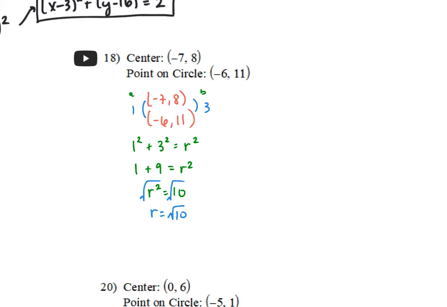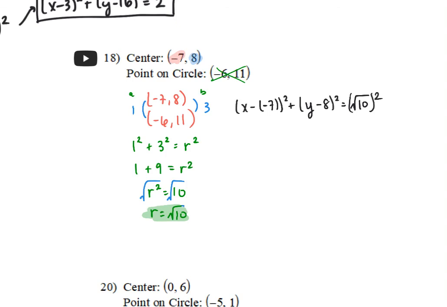So now I have my radius, which I'm going to plug in for r, and I have my h, and I have my k. We no longer need this point. We just used that point to find the radius. So now using my equation, x minus h, so x minus -7 squared, plus y minus 8 squared equals the square root of 10 squared.